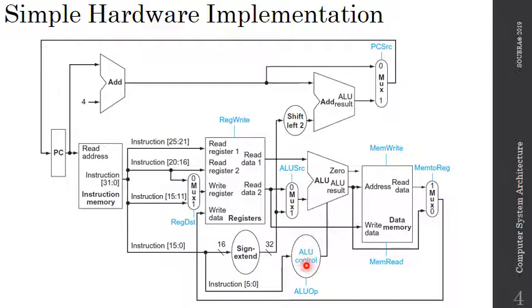The question is, what happens if I have an R-type instruction here? This means that I need to do something with two registers and store back the result in another register. But the operation is not systematic. It's not systematically an addition or subtraction. It will depend on something, and it could be any operation offered by the ALU. So how would I know which operation to do when I have an R-type?